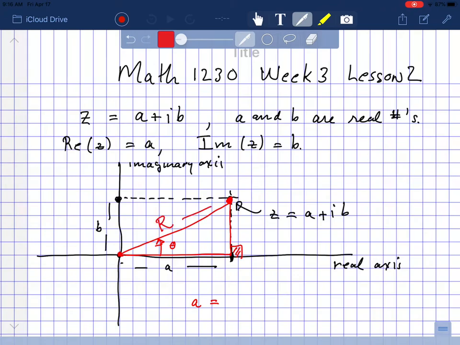So the distance from the origin to the point z is r, and that's the hypotenuse of my right triangle. So a is equal to r times the cosine of theta, and b, the length of this side opposite the angle theta, we know is equal to r times the sine of theta.